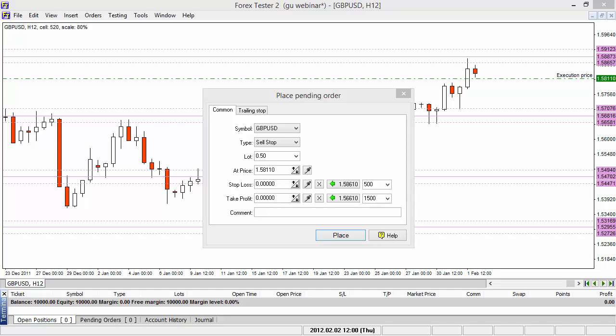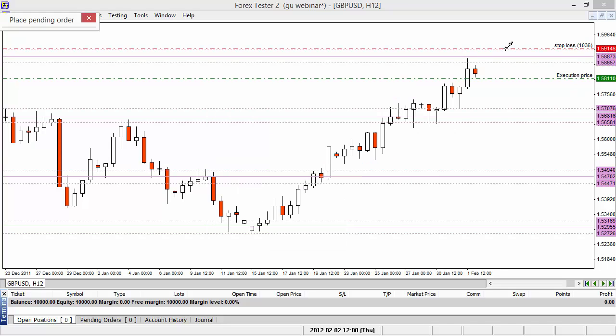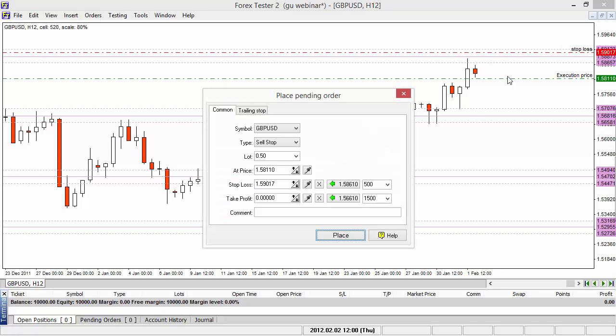Well, my risk is 1%, but I need to figure out what that is. I'm going to put a stop around about up here, 90 pips. Whenever I place a stop, I try to place it behind the resistance area.